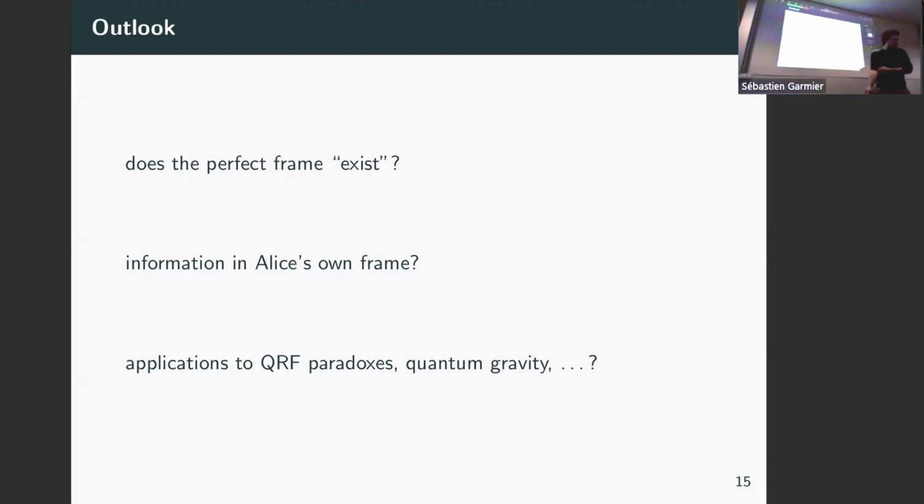We've not talked about them today, but there are. Maybe quantum gravity, why not? There are ideas of fuzzy space-times, sort of indeterminate, so maybe this can help.